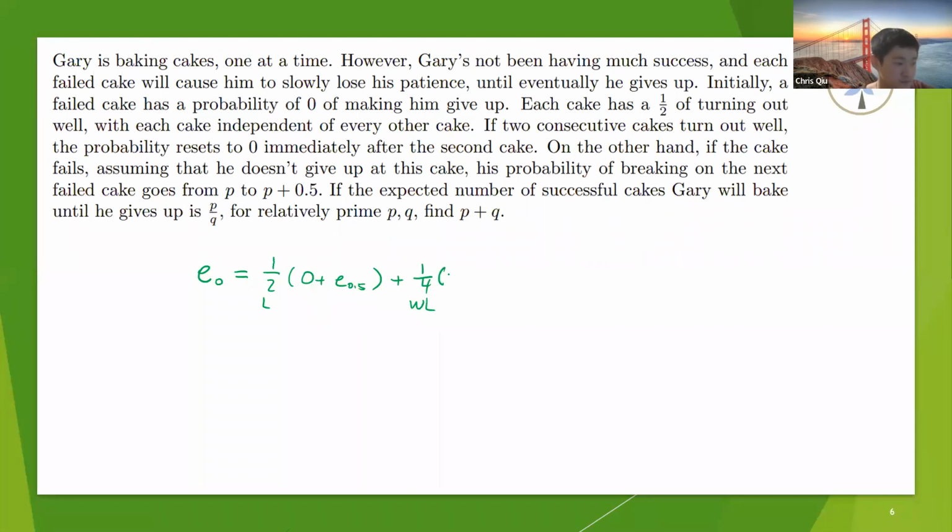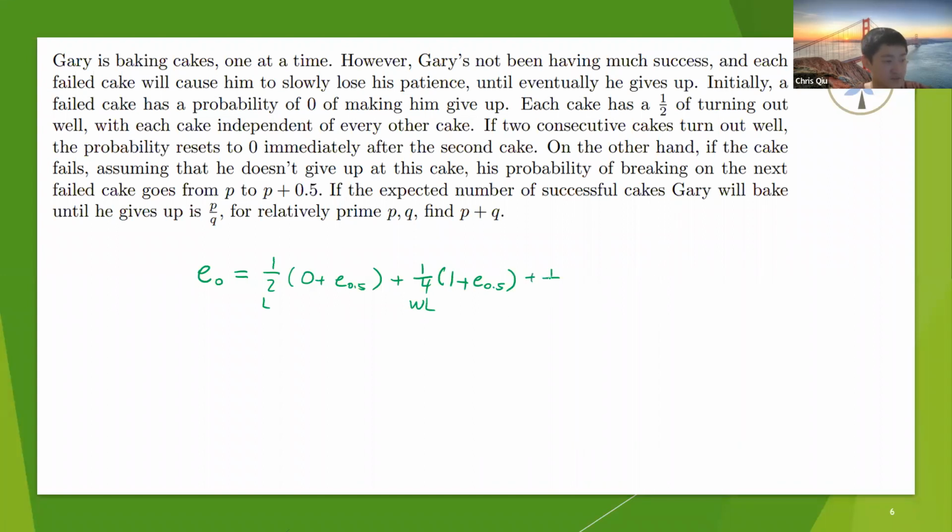But in this case, he succeeded in making his first cake. So that's 1 successful cake that he has made. And as for the remainder of the cakes, he's going to get an expected E of 0.5 cakes.